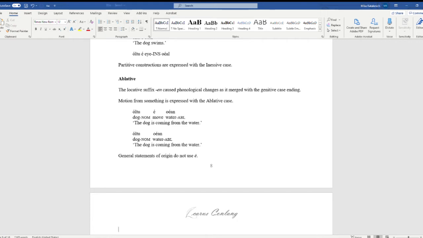Let's see, so instrumental. Instrument is expressed with the ablative case.